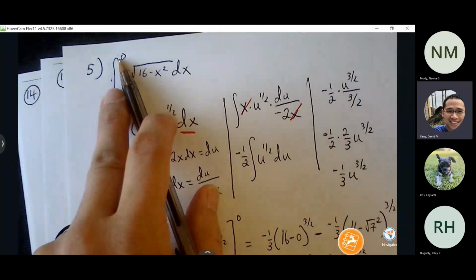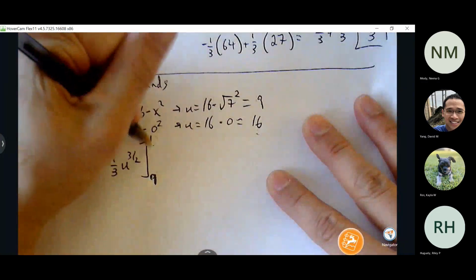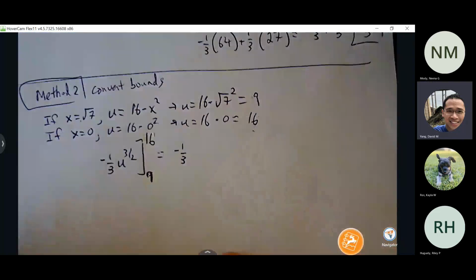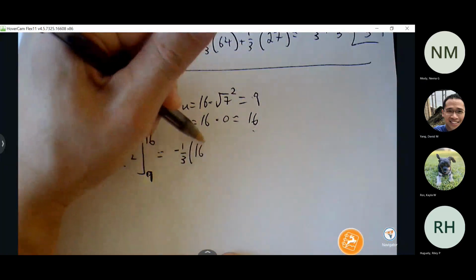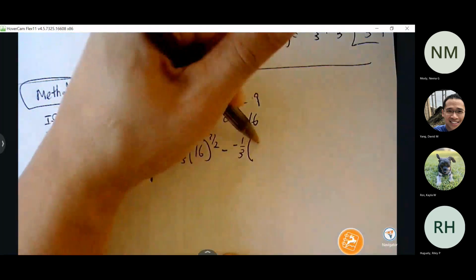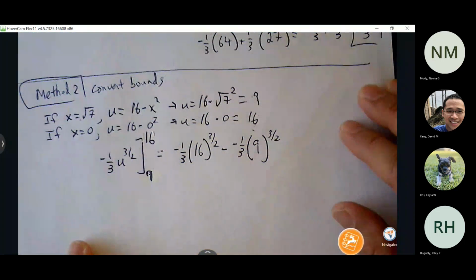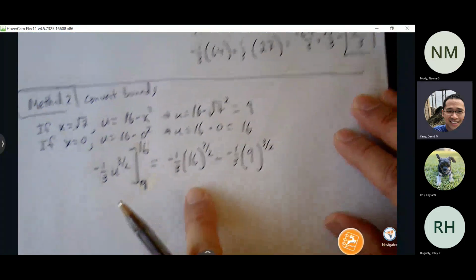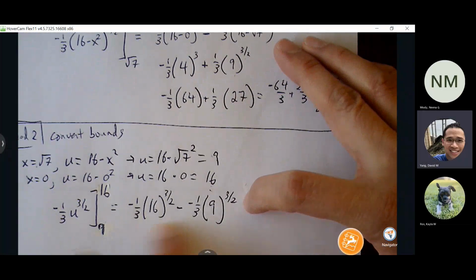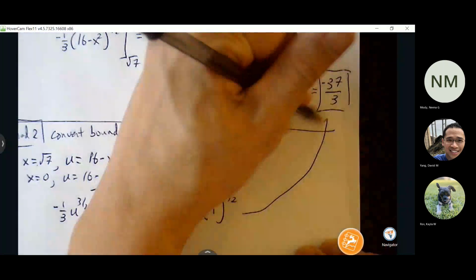So whatever I convert is going to go in that space. And insert that 16 in. So we're back to where we were before. So 4 cubed, 3 cubed, same result.